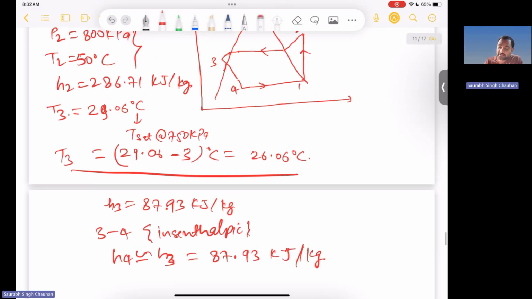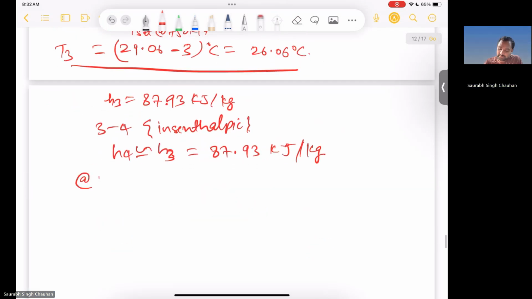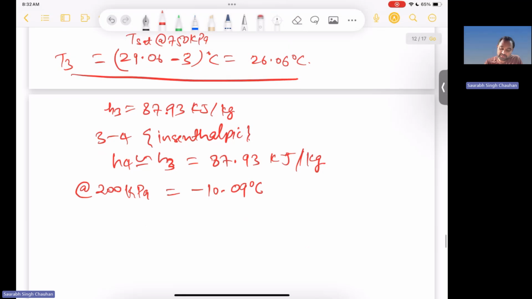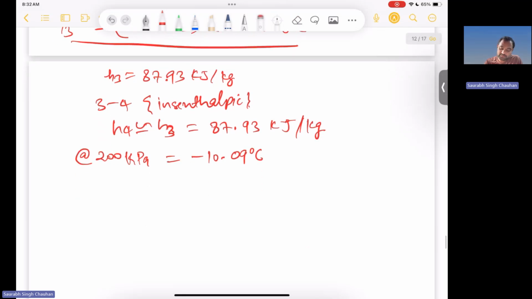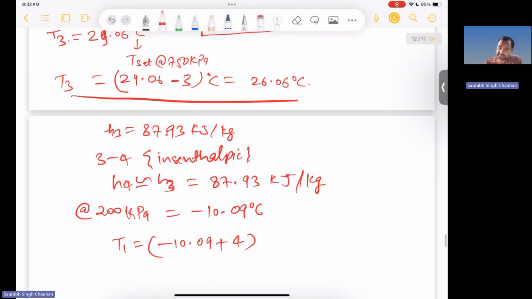Now at 200 kilopascal, we can find the saturation temperature, and it is minus 10.09 degrees Celsius, but it is subcooled by 4 degrees. So T1 will be equal to minus 10.09 degrees. Sorry, superheated by 4 degrees Celsius.